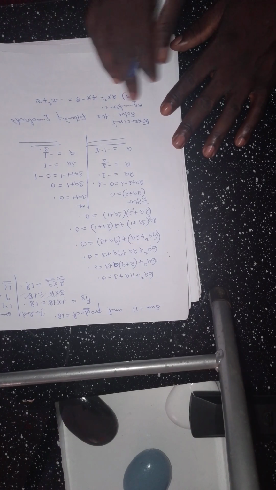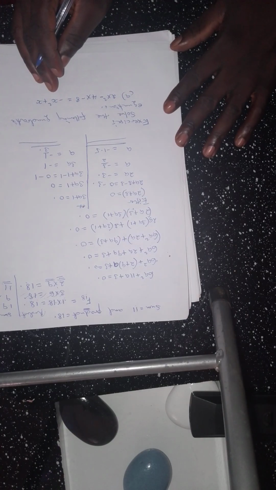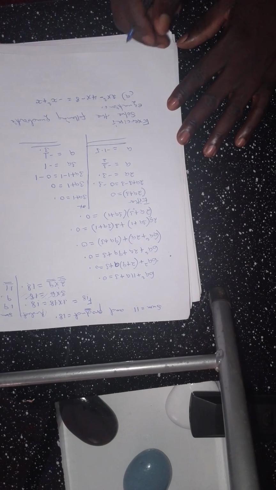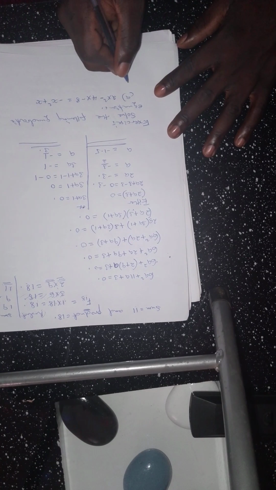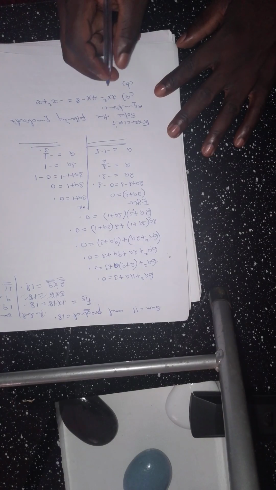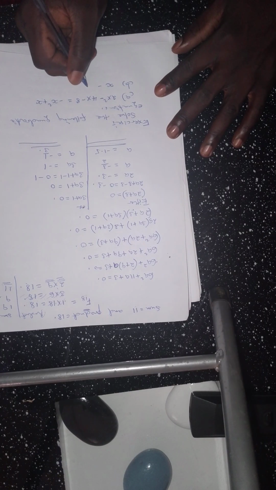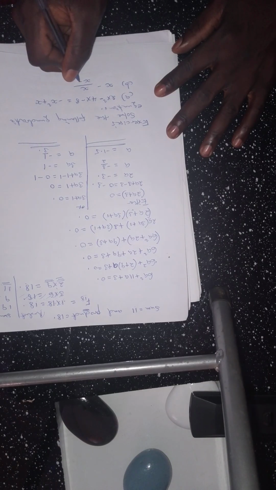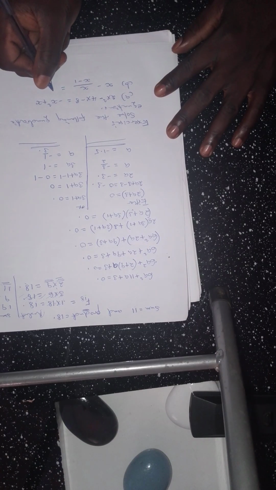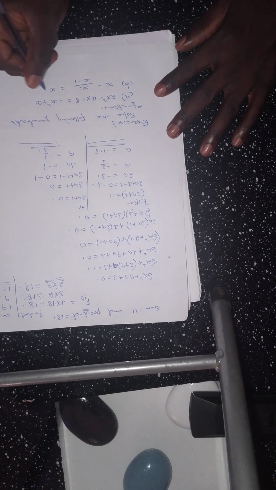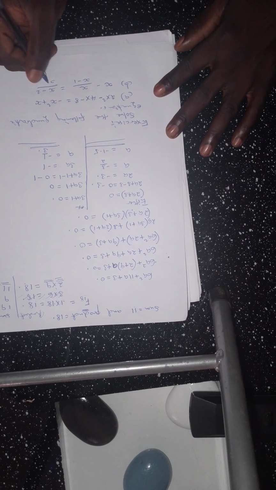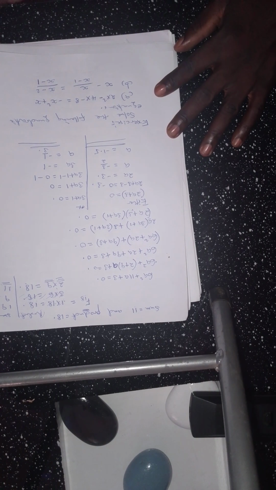First, ensure that everything is equal to 0. You collect the like terms. Part B, x minus x over x minus 1 is equal to x minus 2 over x minus 1.